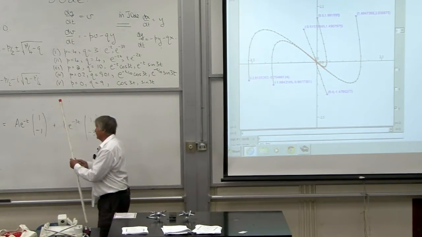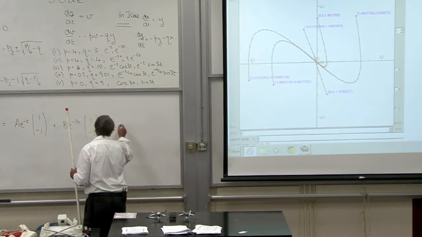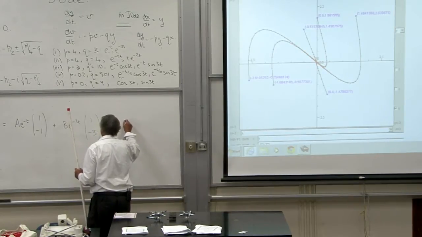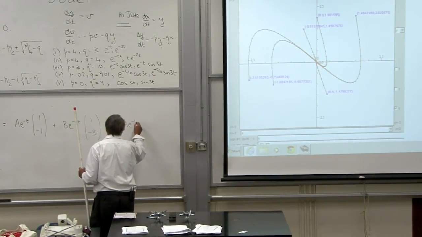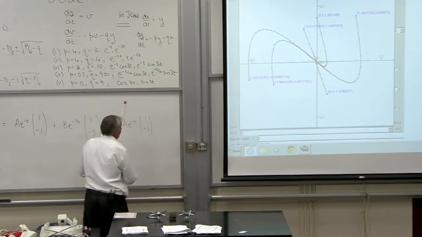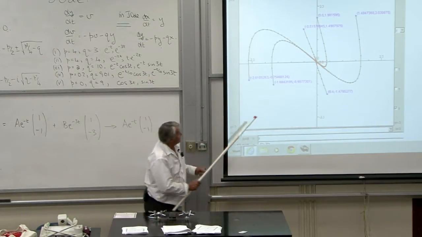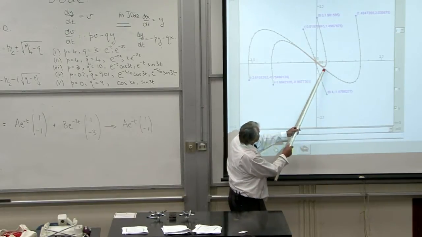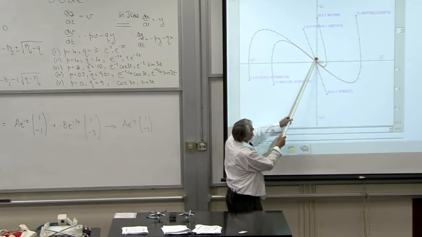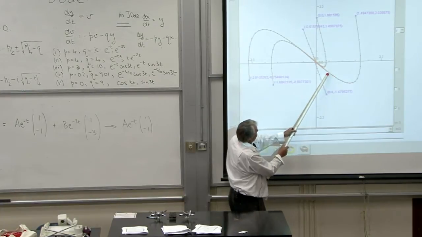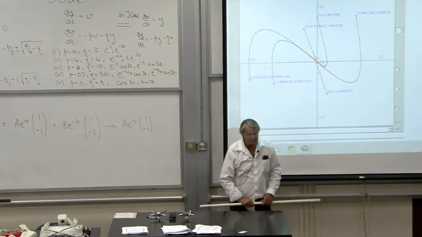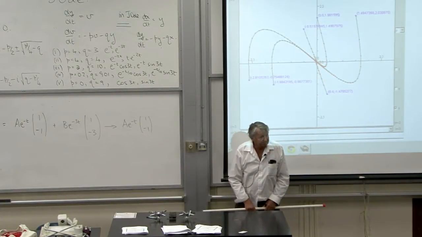So you see, for large t, this tends to A e to the minus t, (1, -1). So in other words, the trajectory after a long time finds its way along here. It comes to here and then comes in the (1, -1) direction. Okay?